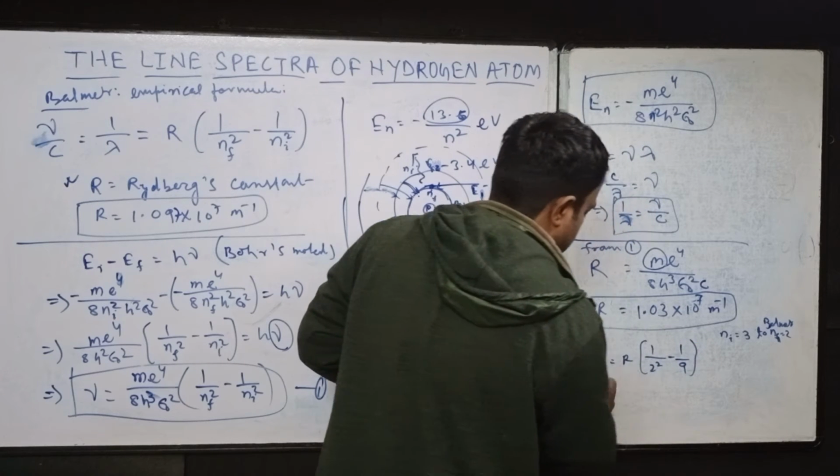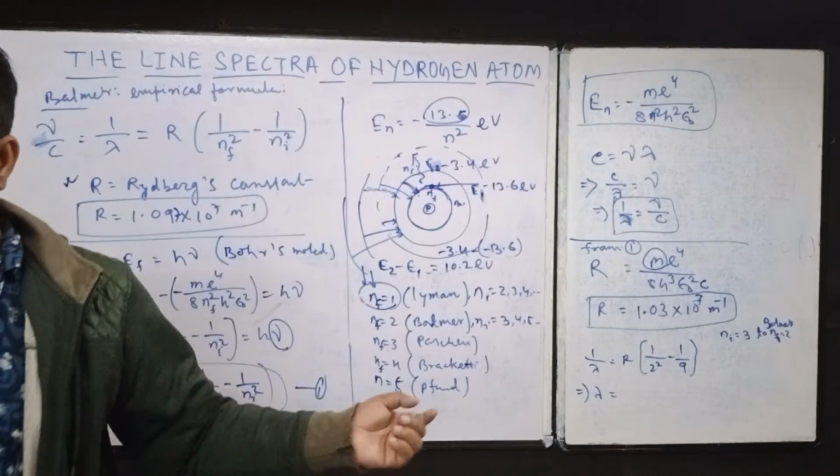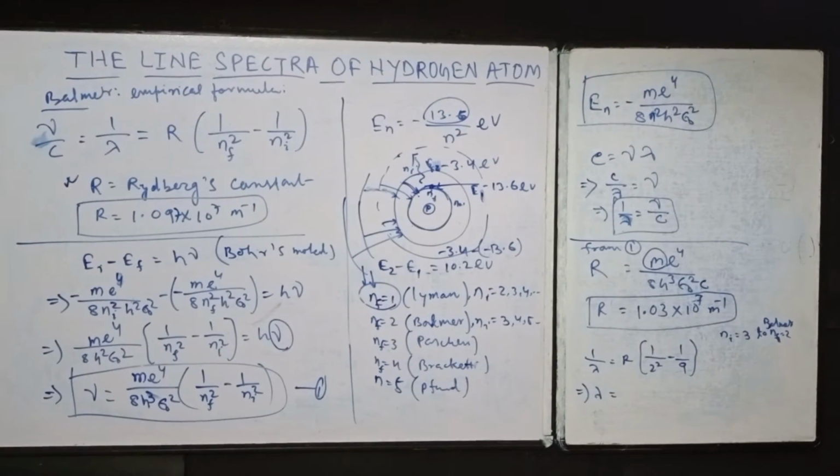So if you put in the Rydberg constant and calculate, you can use your calculator, or by hand also you can calculate. It should come up as 1218 angstrom, right?